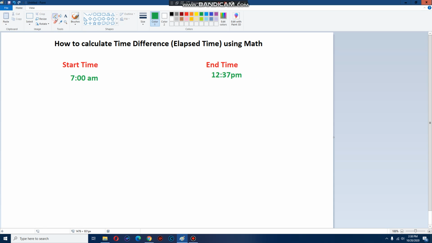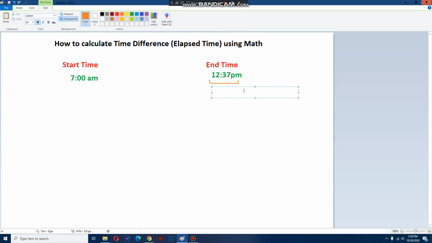The first thing you're going to have to notice is that 12:37 p.m. is written in American time. What I want to do here is turn this 12:37 into military time.